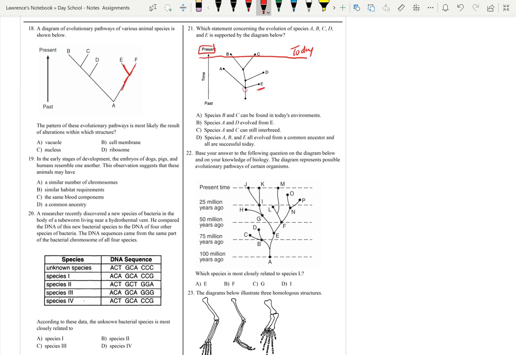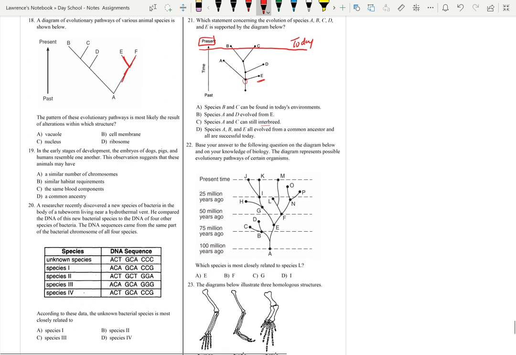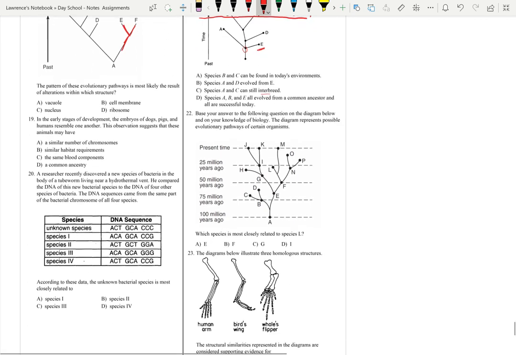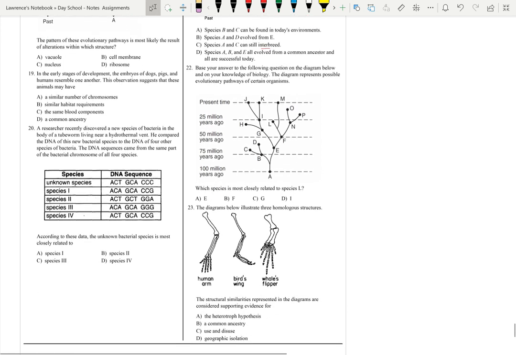This is the common ancestor to A and D and E. Species A and C, two different species, could interbreed. Are you kidding me? D, species A, B, and E all evolved from a common ancestor and are all successful today. A, B, and E, they are all extinct because they're not alive today.